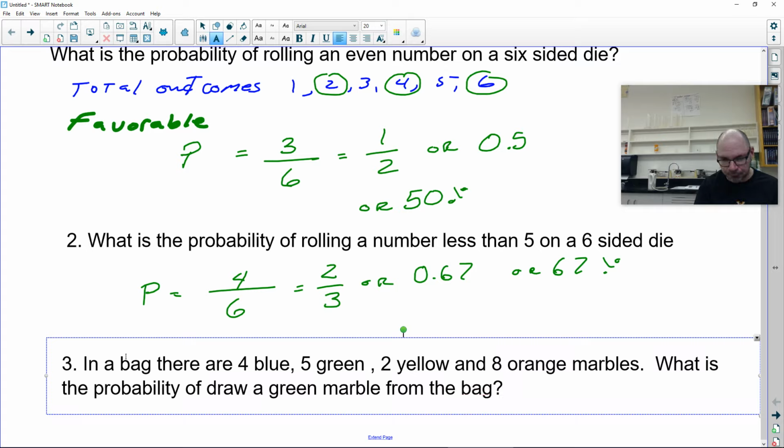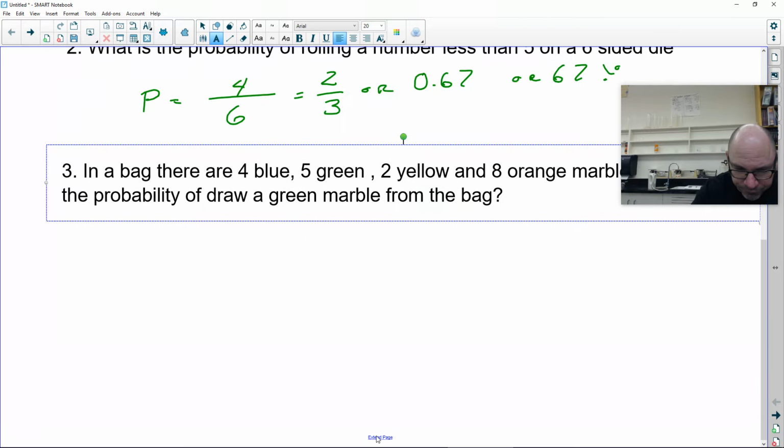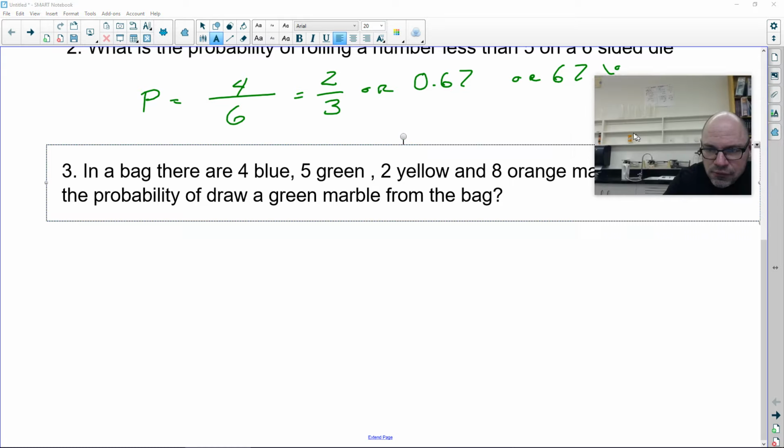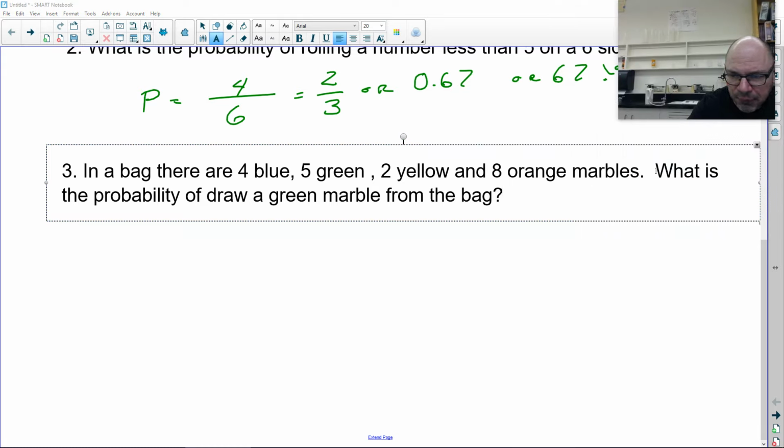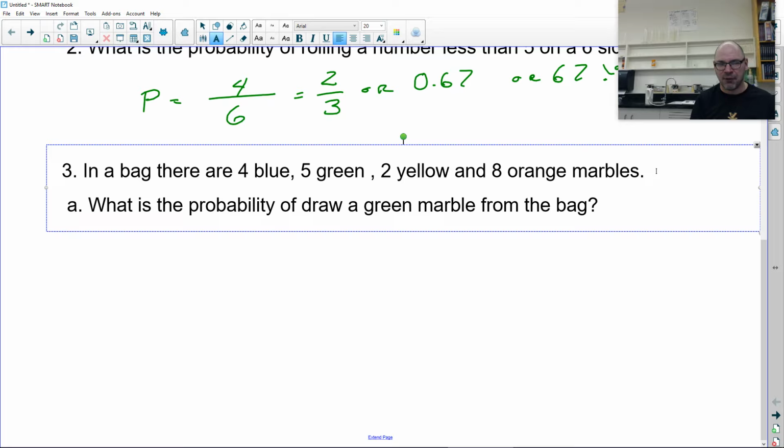Question mark. Okay, so let's put this as A. Let's do a couple on this one. So let's go A. What is the probability of drawing? So we have to look at what is the total number of marbles and how many of them are green.